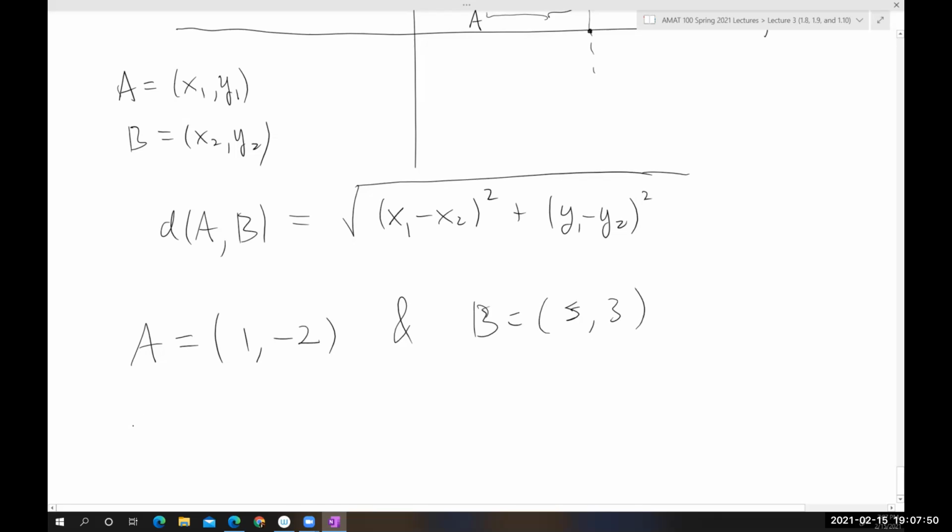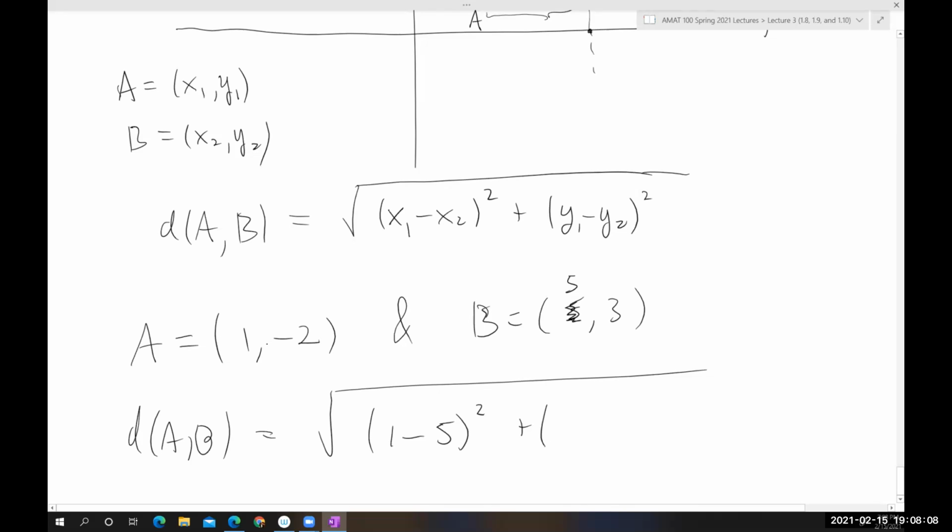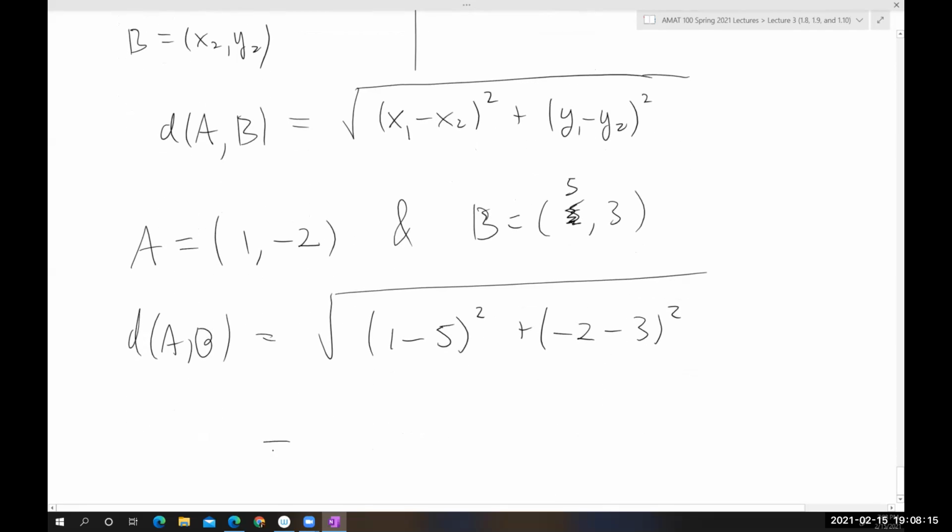So the distance between A and B will be the square root of the difference between the x coordinates, which are 1 and 5, squared, plus the difference between the y coordinates, which will be -2 minus 3, squared. When you simplify that, this will be -4, and then -4 squared gives you 16.